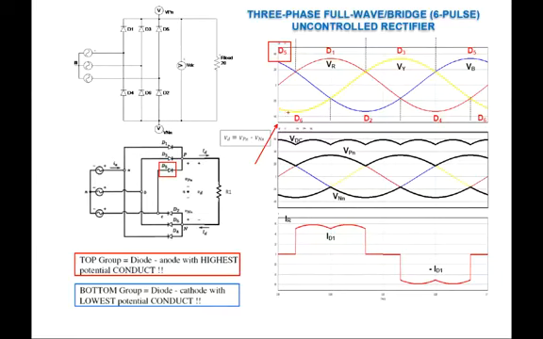So therefore, D6, the diode that connects to the yellow phase on the bottom group, is on. D6, right? D6.